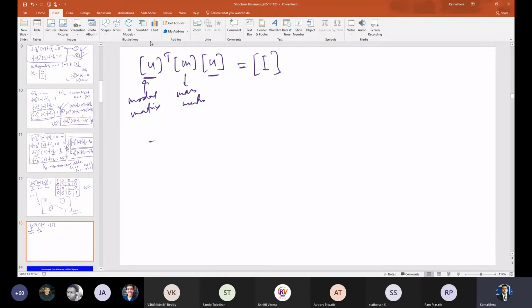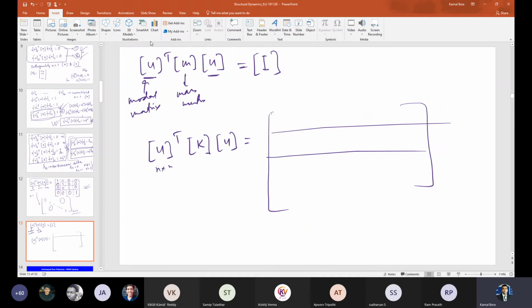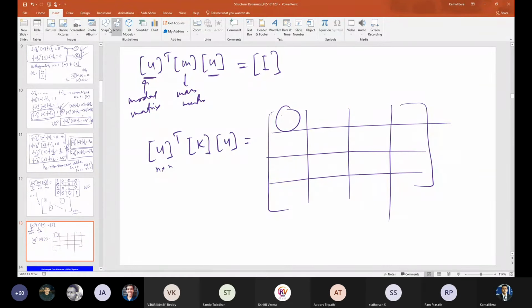Now tell me, U transpose K U. Although it is n by n, let us say it is now 4 by 4, n equals 4. So what is this entry? Use the orthogonality property, a very powerful property.